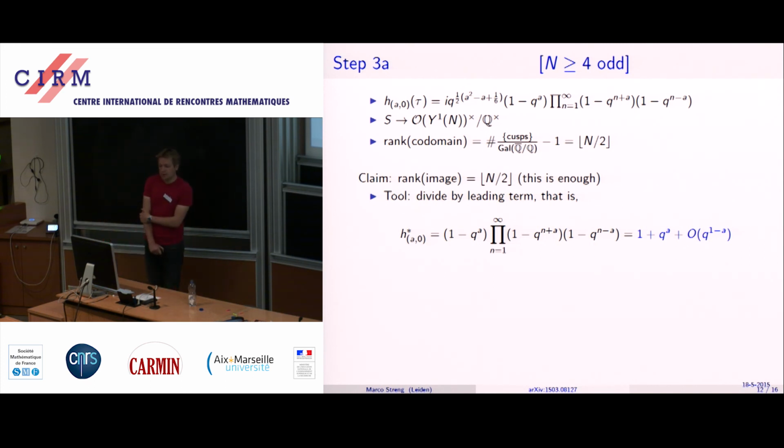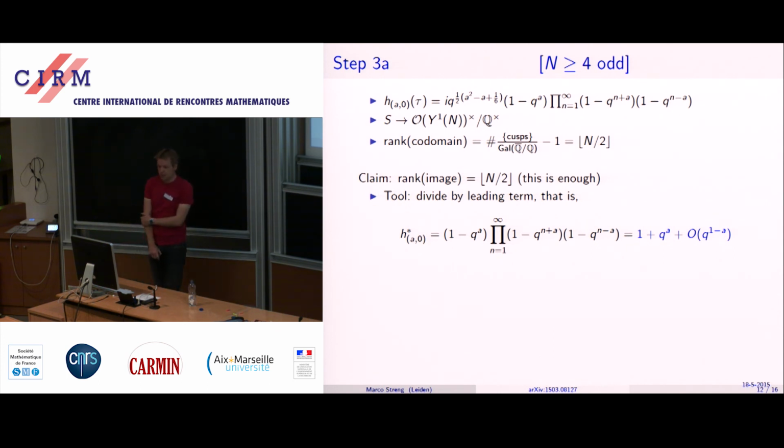Now I claim that the image has this same rank, and once we have that, then we're done, right? Then the map has to be injective, and the cokernel has to be finite. So how do I prove that the rank is exactly this number? Well, for that I just prove that all of these Siegel functions that I gave are multiplicatively independent.